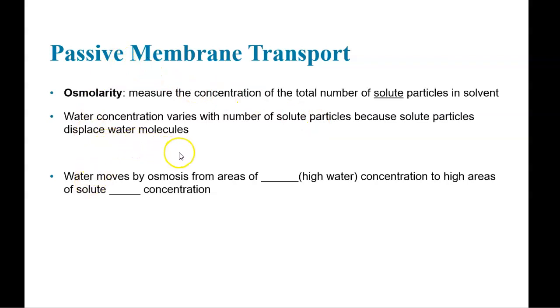So for example, if you have a solution where the solute concentration is higher inside of the cell versus outside of the cell, then the water inside of the cell will be at a lower concentration, and the water outside of the cell will be at a higher concentration. Okay? So the water molecules are always going to follow the higher concentration.